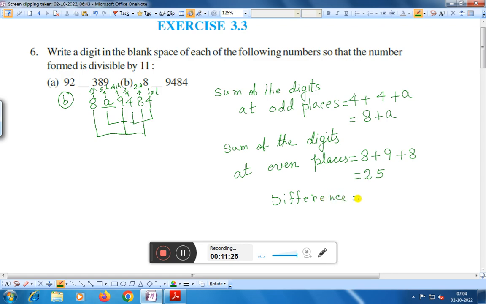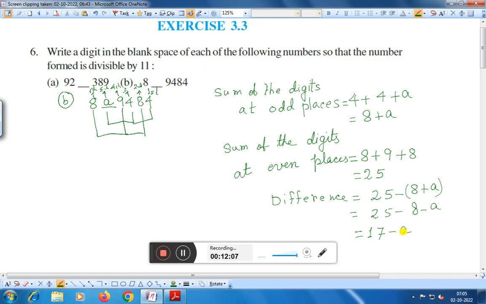Difference is equal to 25 minus 8 plus a, or we can say it here as 25 minus 8 minus a, that is 17 minus a, right?